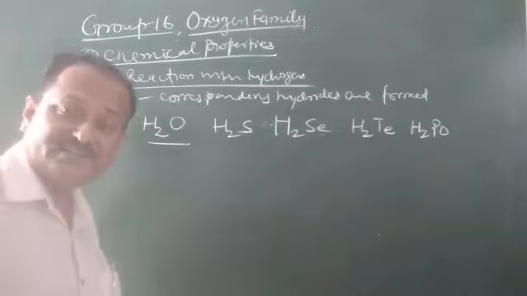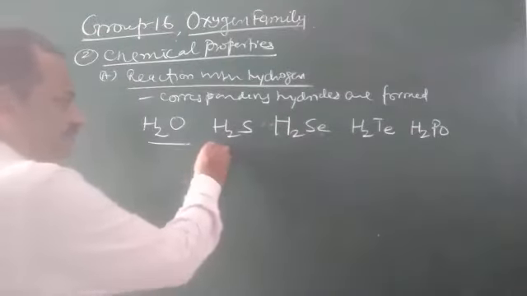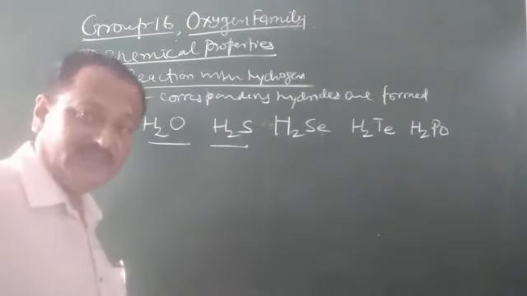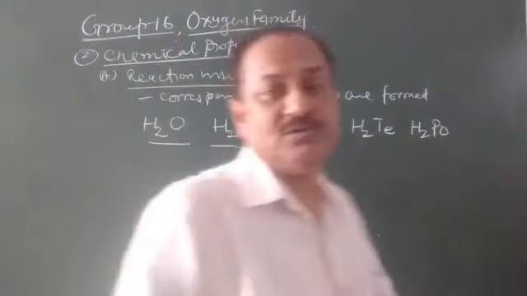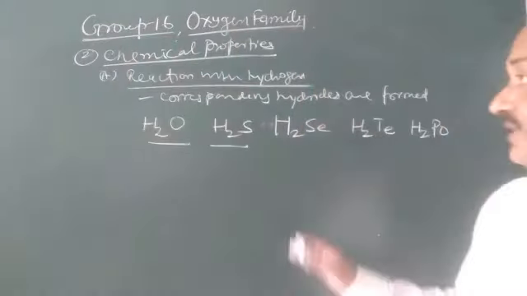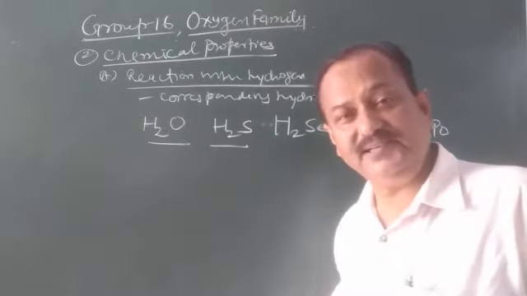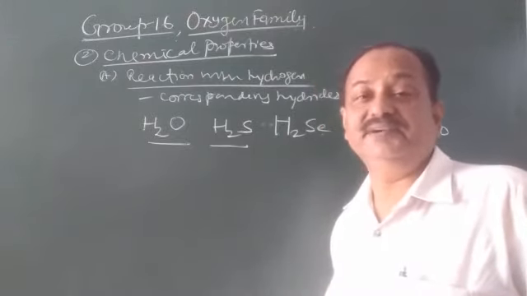They are the hydrides. This is water, and this is hydrogen sulfide. Here there are very important points to note about the hydrides, as in the case of group 15. We'll see about the different conditions.